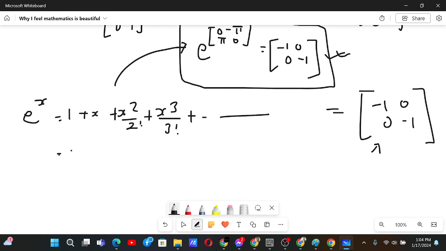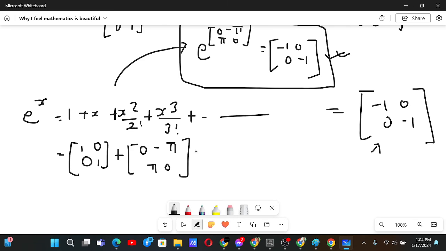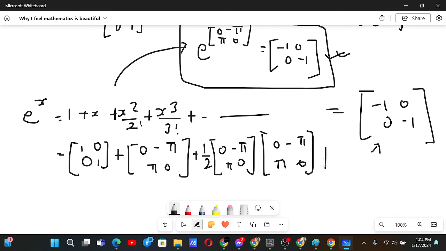Yeah, I actually tried this. The first term is 1, 0, 0, 1, and adding 0, minus pi, pi, 0, and then 1 by 2 of the square of this matrix, so you can multiply it twice. I did multiply, and I did up to a few terms.